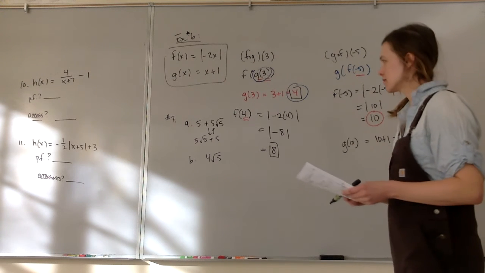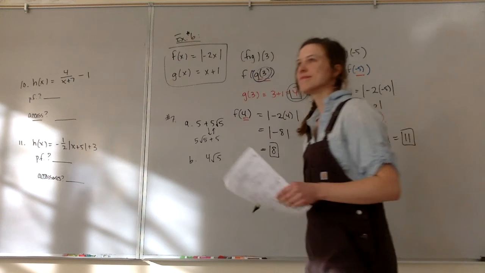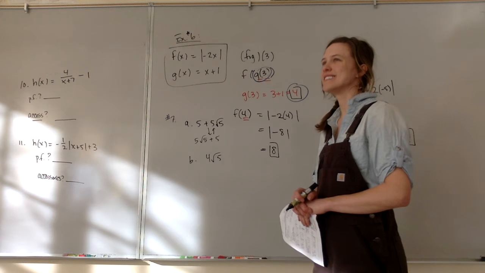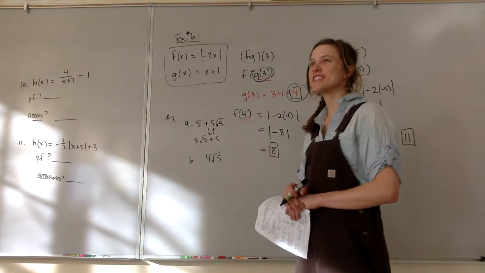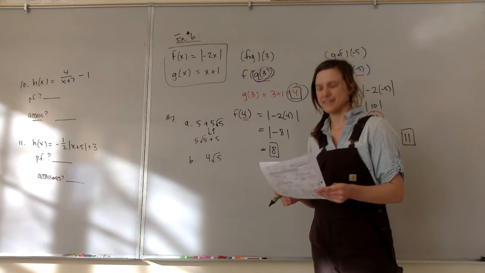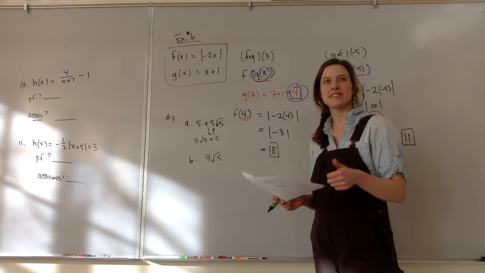How'd you get 4 root 5 on B? Oh, I did f of g of x. That's what it was. That's good. Why'd you get 4 square root 5?